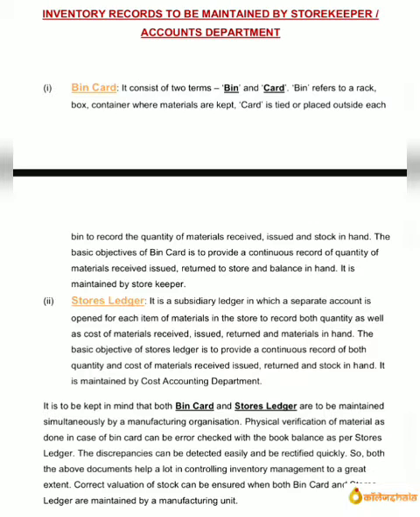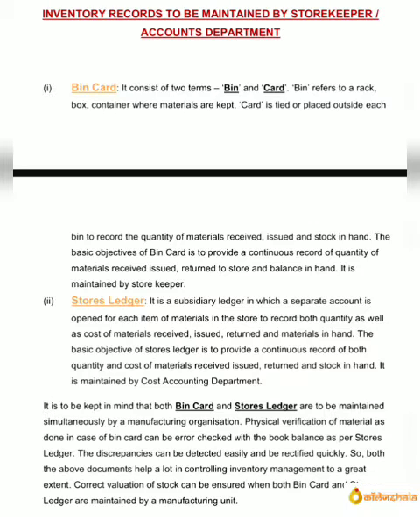On the other hand, the store's ledger is maintained by the accounts department, in which a separate account is prepared or opened for each item of material in the store to record both quantities as well as cost of material received, issued, returned, and stock in hand, that is, material in hand.